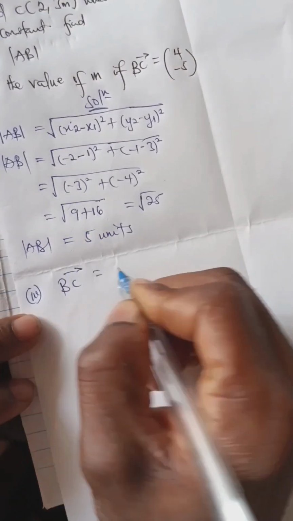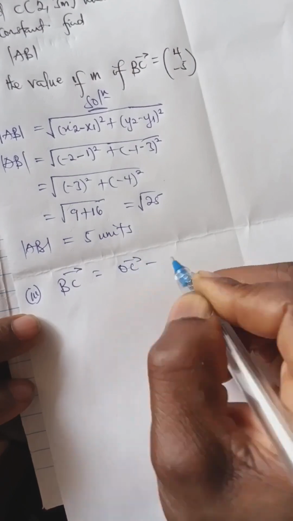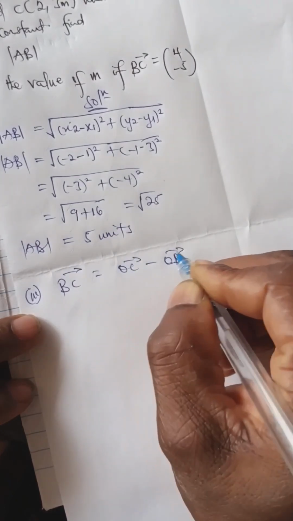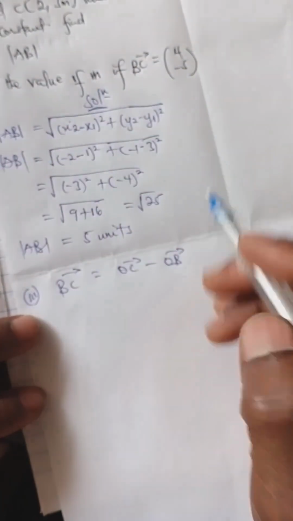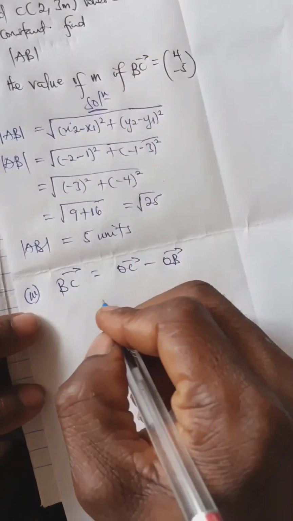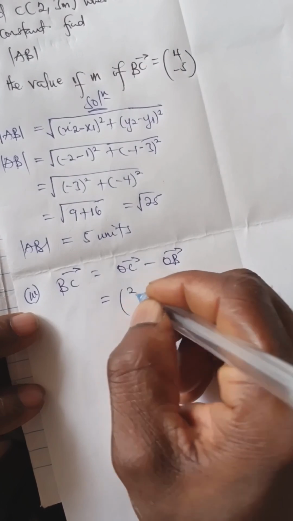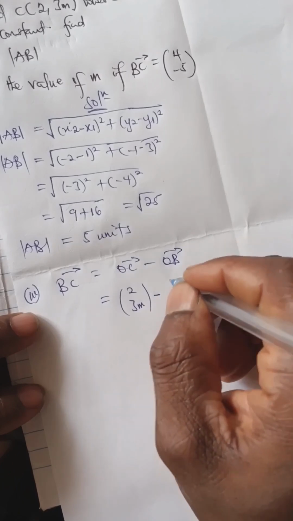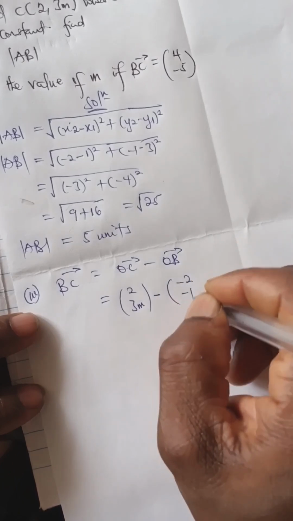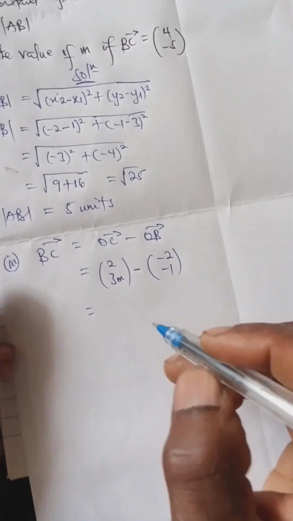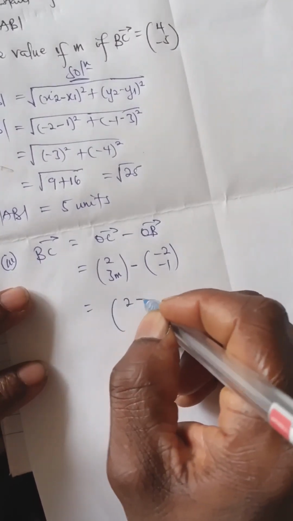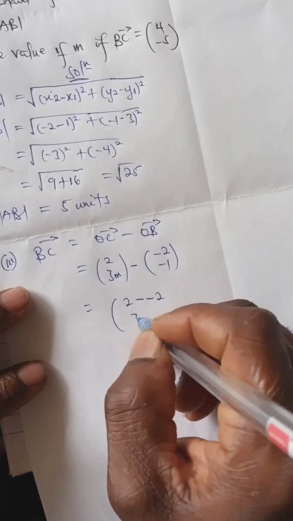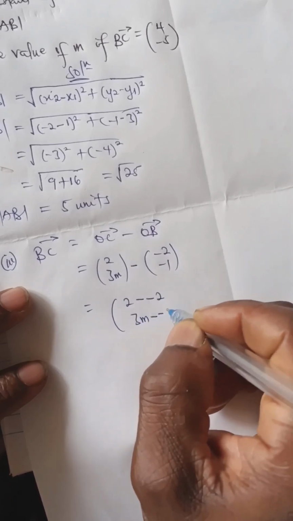is the same as OC minus OB. Then we have OC, which is the same as C, and OB, the same as B. So this is going to be (2, 3m) minus (minus 2, minus 1), which will be giving us 2 minus minus 2, 3m minus minus 1.